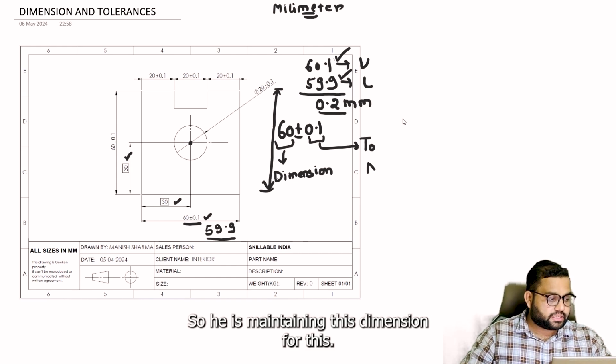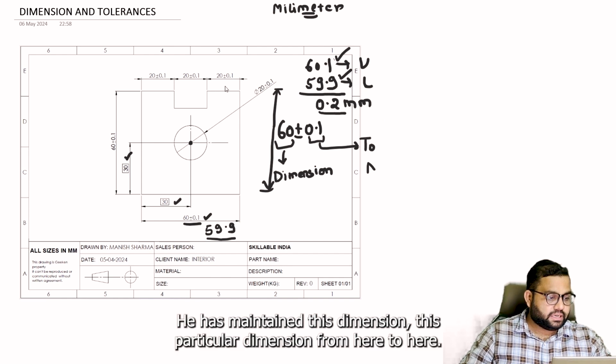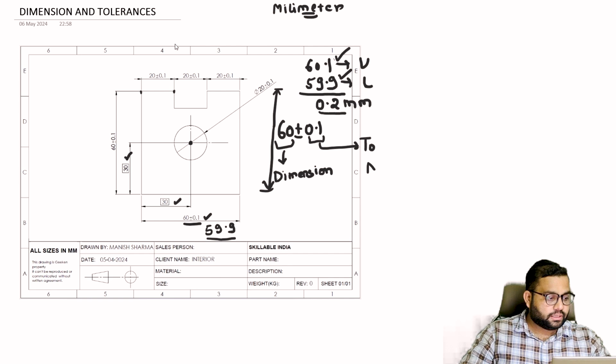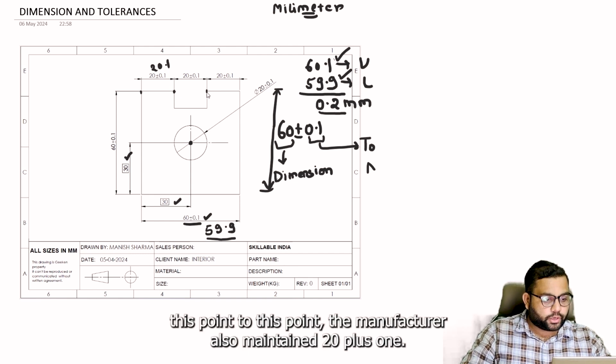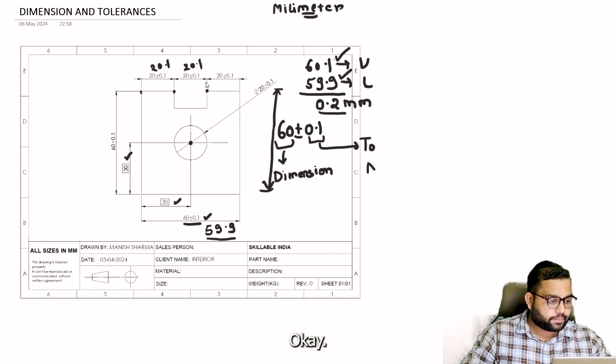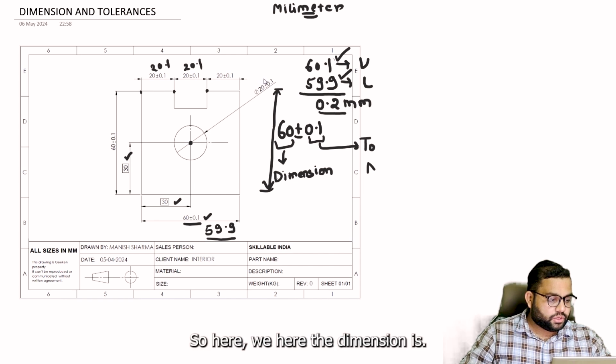So he is maintaining this dimension. For this particular dimension, from here to here, let's say he maintained 20.1. Then this dimension, from this point to this point, the manufacturer also maintained 20.1.